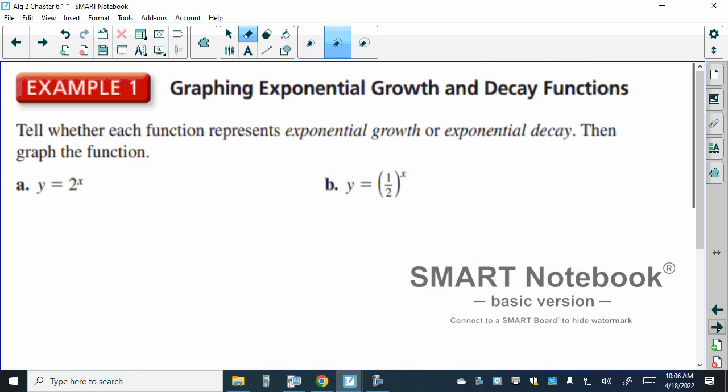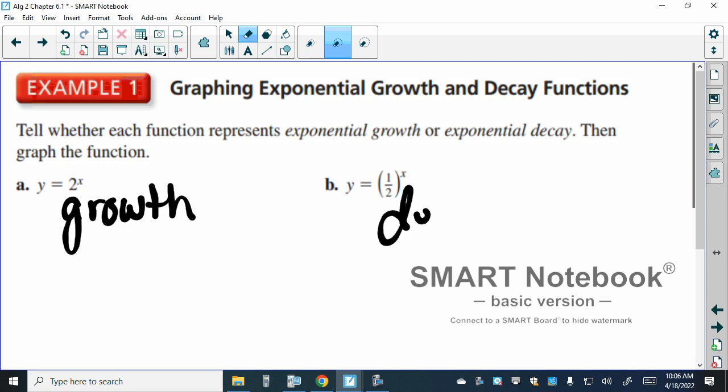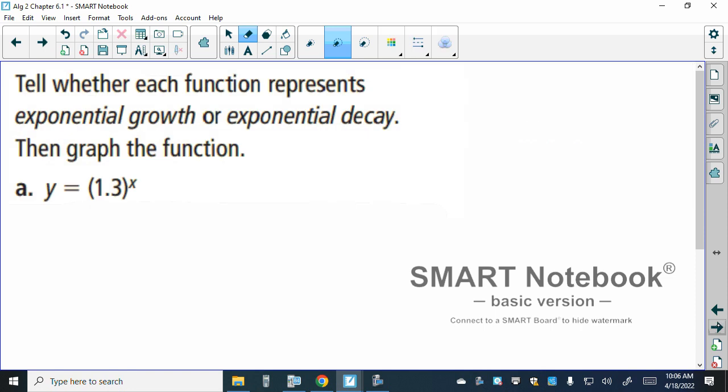Let's go this way. Y equals 2 to the x. Is this exponential growth or exponential decay? Y equals 1/2 to the x. (1.3 to the x).